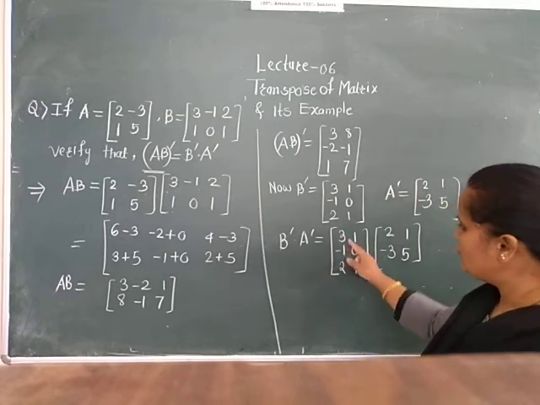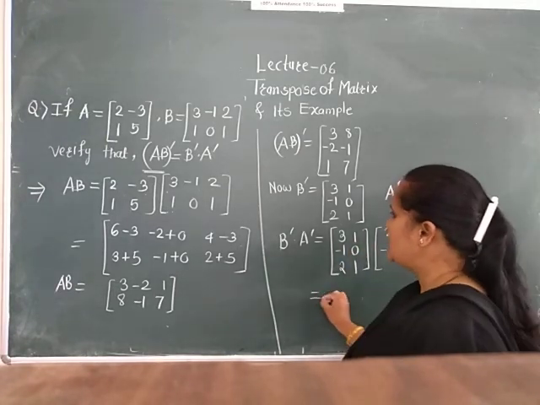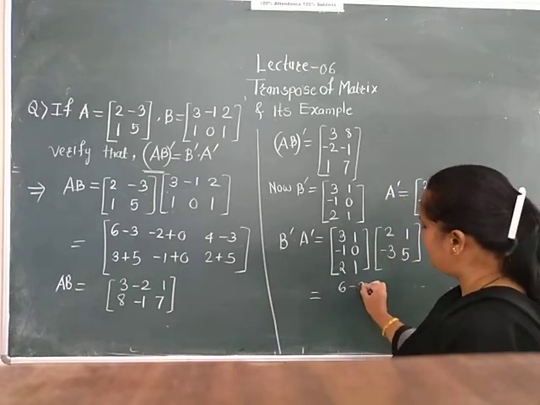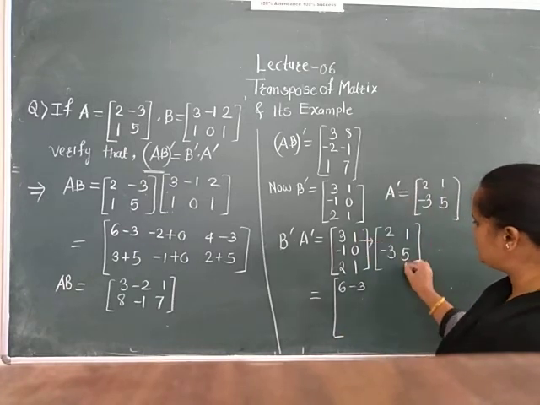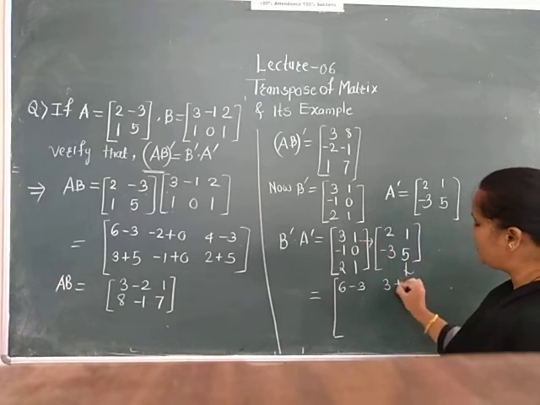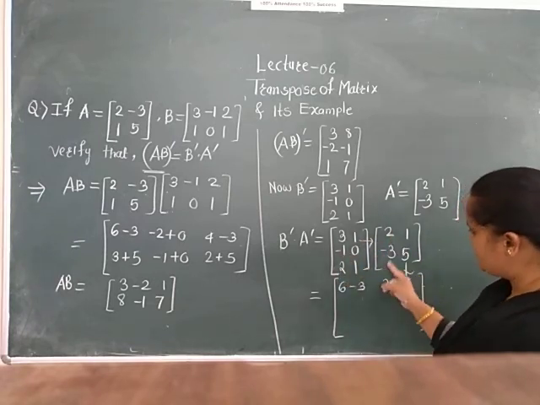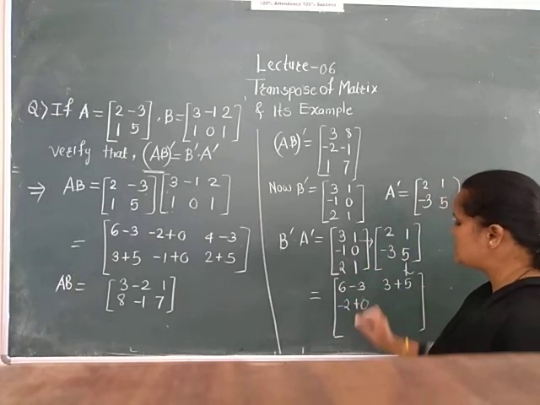Now the first row will be multiplied to the first column. So it becomes 3 into 2 is 6, 1 into 3 is minus 3. Then first row, second column, 3 into 1 is 3, 1 into 5 is 5. Second row, first column, minus 1 into 2, minus 2, plus 0.